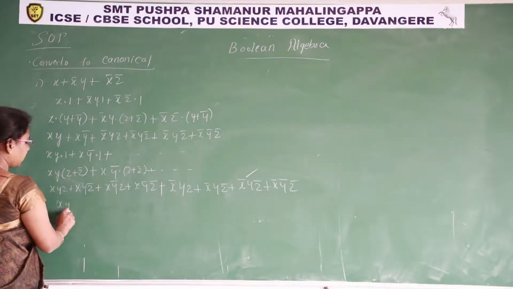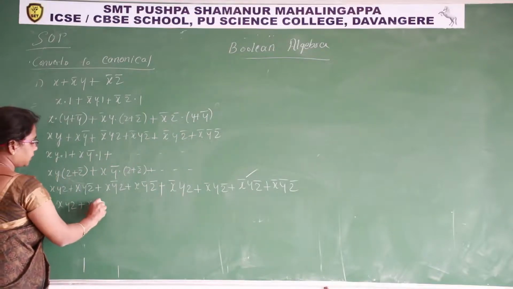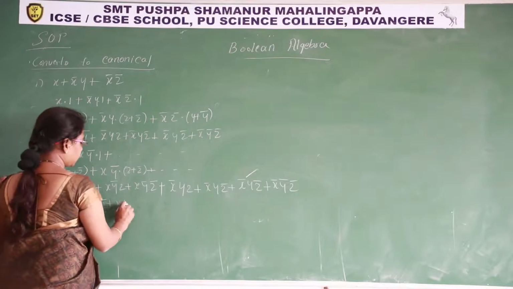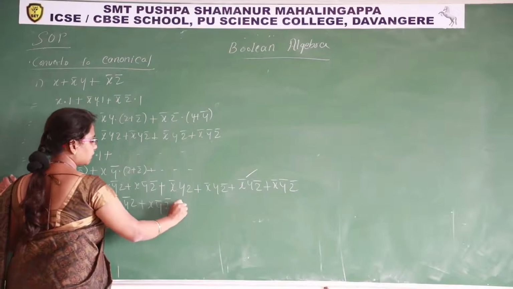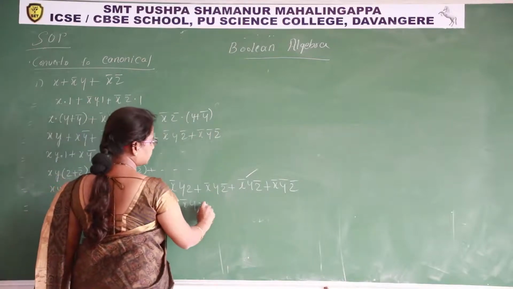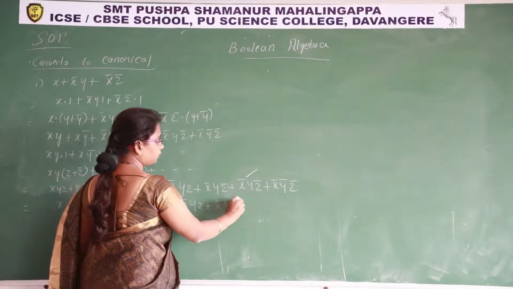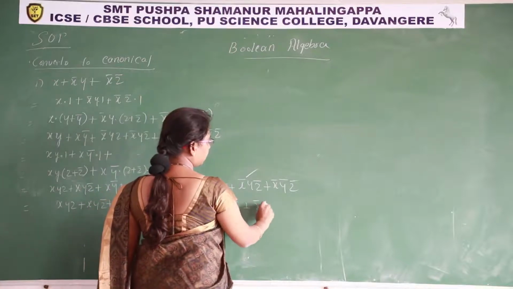Now xyz plus xyz bar plus xy bar z plus xy bar z bar plus x bar yz plus x bar yz bar plus x bar y bar z bar.